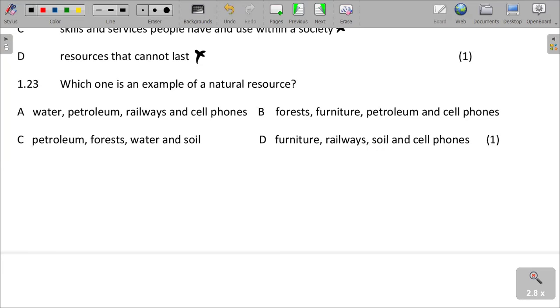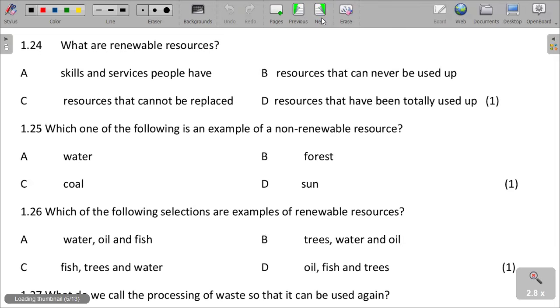We cannot have cell phones or furniture. It should be petroleum, forest, water, and soil. These are natural resources. So our answer is what? It is C. C is the correct answer, which identifies natural resources.